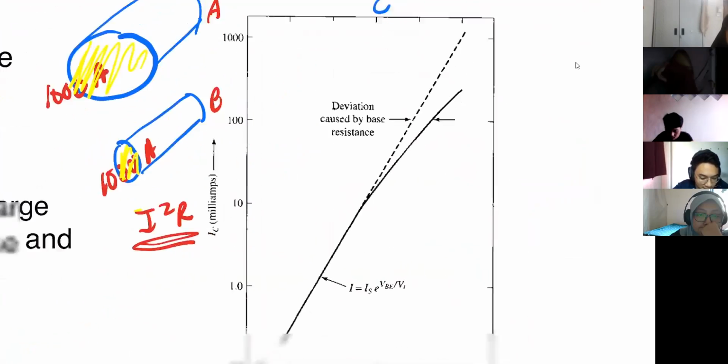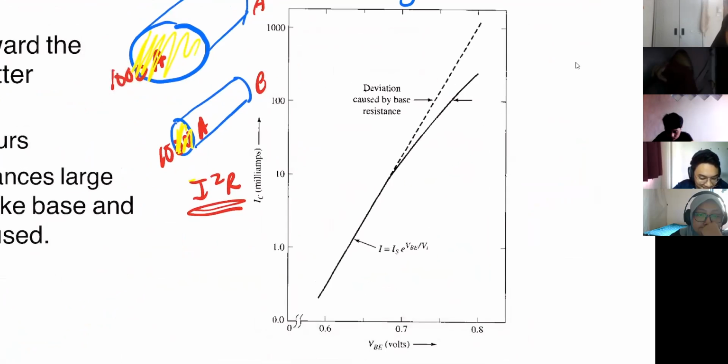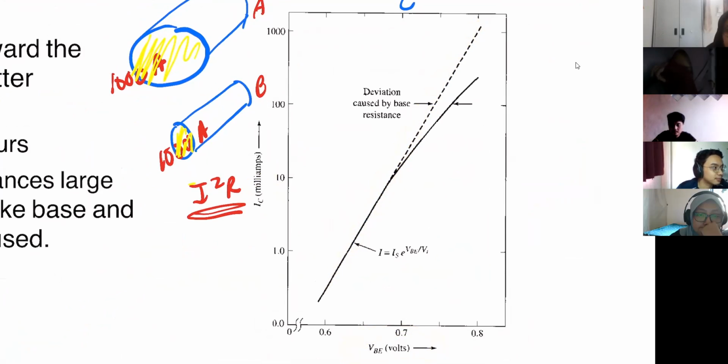But if you look at this graph, IC versus VBE, you increase the VBE voltage. This is just a diode current. It's supposed to be linear like this. But because of the base resistance, you can see it's bent.